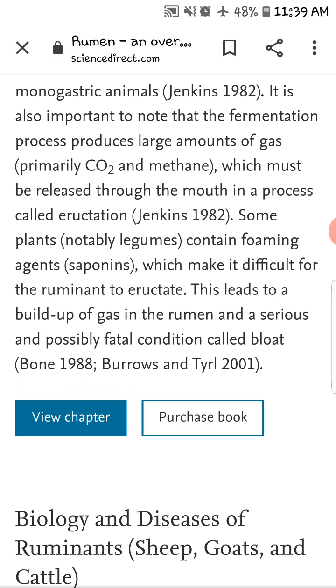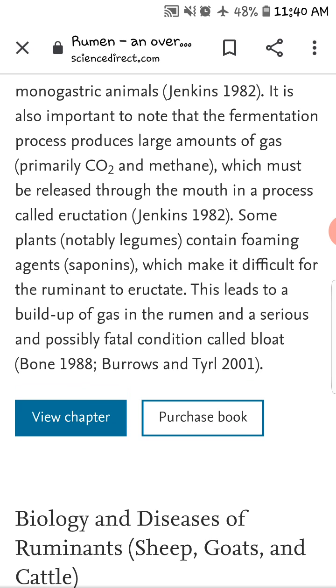It leads to a buildup of gas in the rumen, interferes with the normal working of the ruminal microflora, and possibly leads to a fatal condition called bloat.